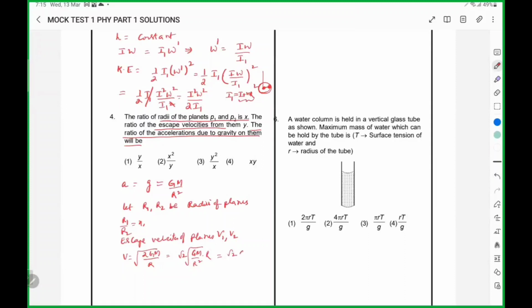root 2 into acceleration, root of acceleration into r. So that means v1 by v2 will be, let me write acceleration, root of a1 r1 by a2 r2. So v1 by v2 is given as y.